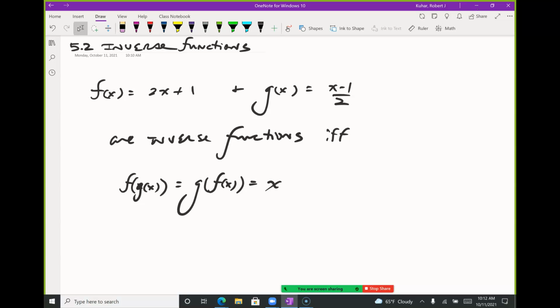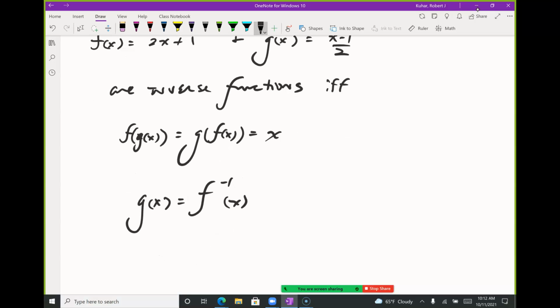And typically, g of x is called f inverse of x.